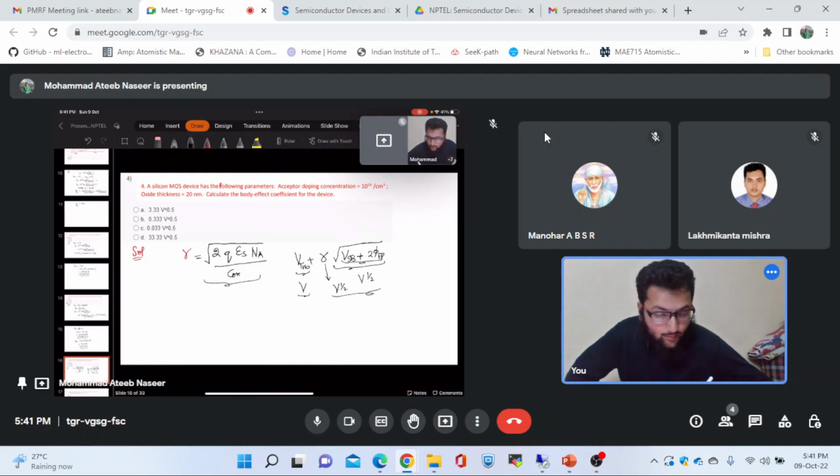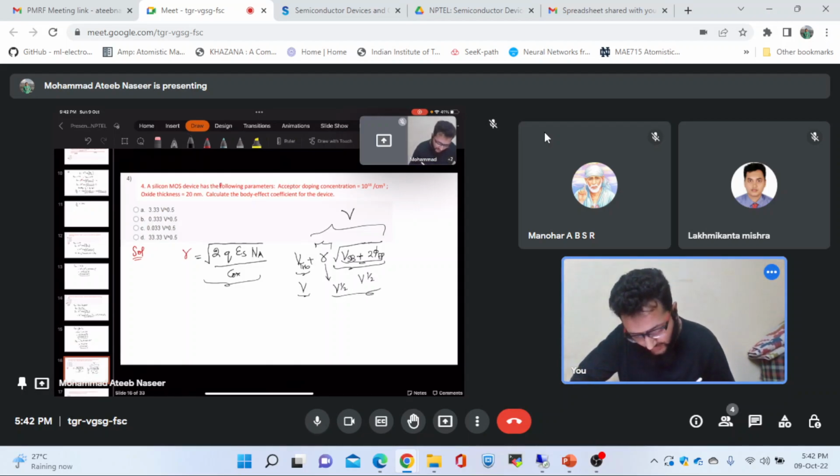And the quantity that is multiplying this factor has to be such that overall the quantity has the units of volt. So this is just a simple check to say that this gamma will have the units of root of volt. Now, let's calculate this gamma directly.